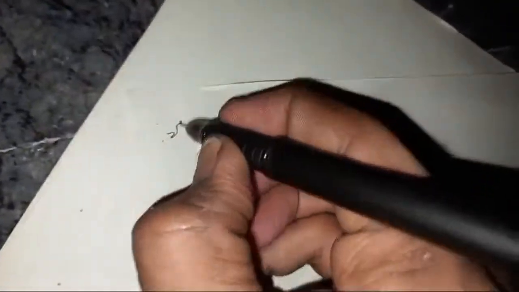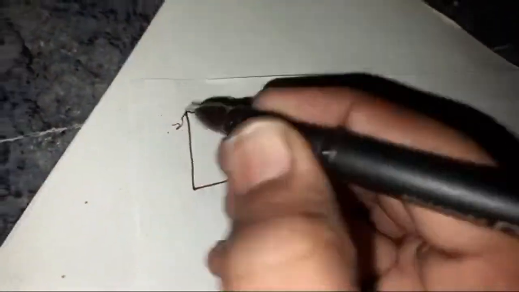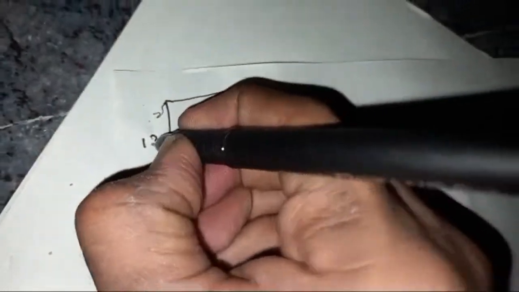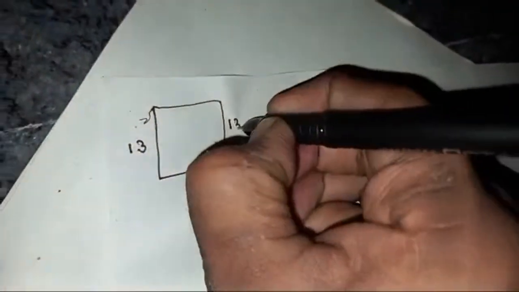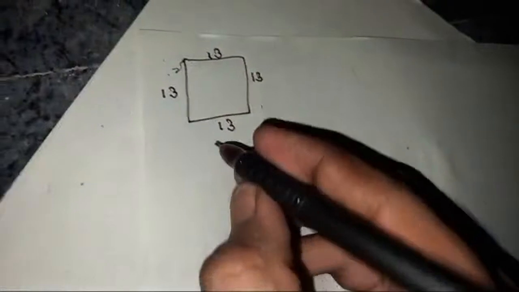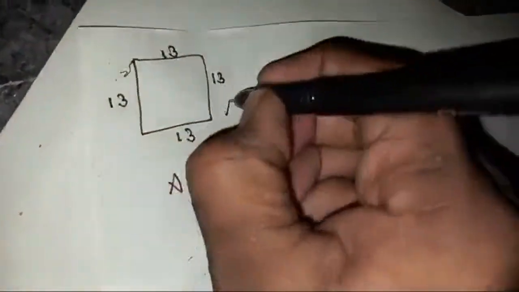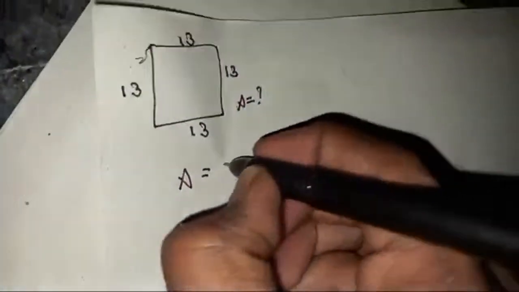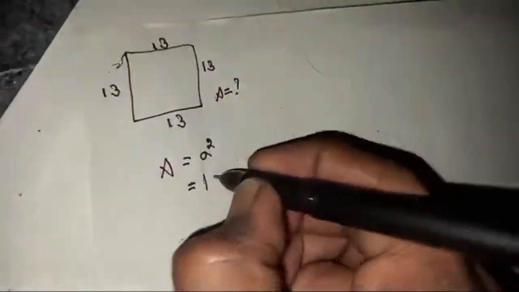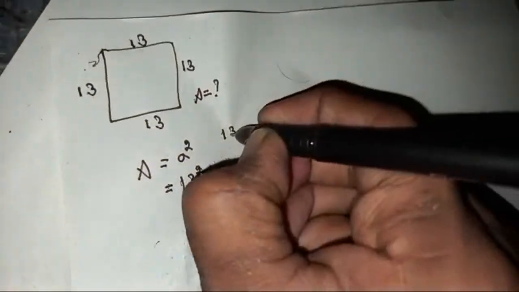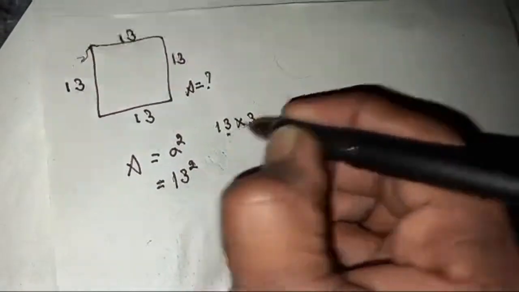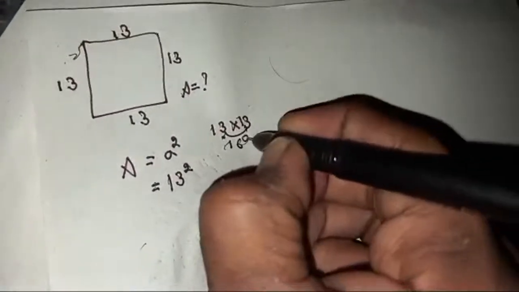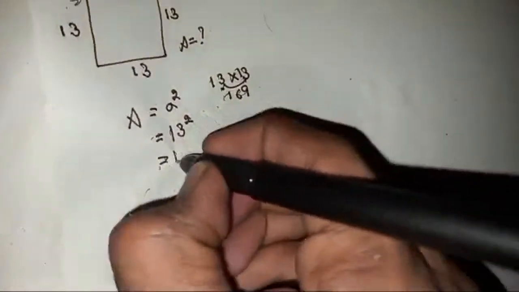In this square all sides are 13 units. Let's find out what's the area. Area is a square, that is 13 square. 13 times 13 is going to become 169. So this area is 169 square units.